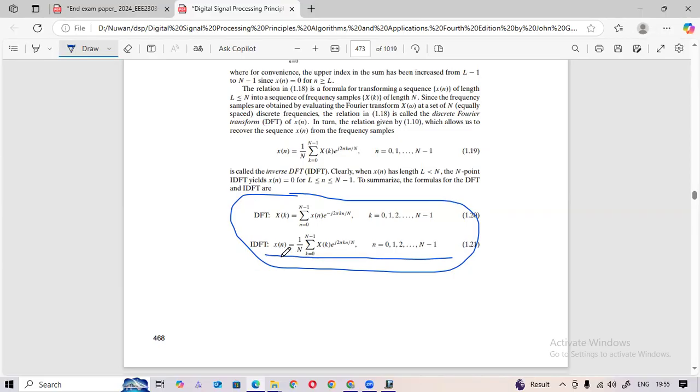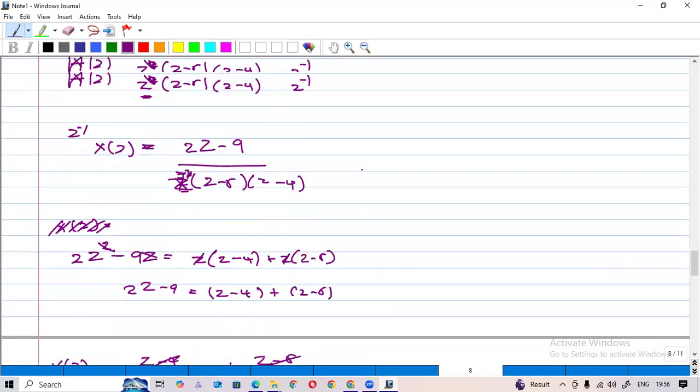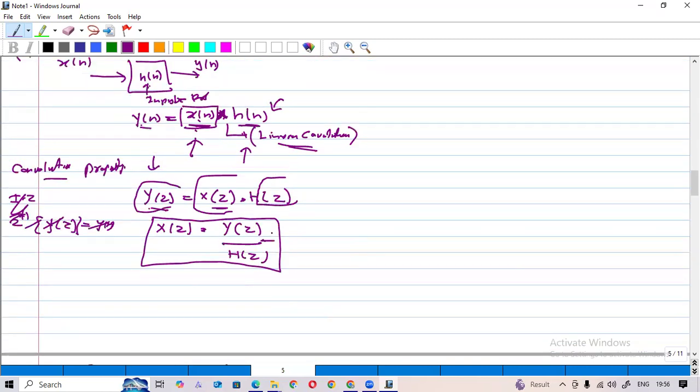Actually, if you are given very small samples, maybe around 4 points like this, you can use DFT and IDFT to calculate these values. For example, using Z transform we have calculated this equation previously. This equation is again valid for DFT, so X[k] is equal to Y[k] divided by H[k].